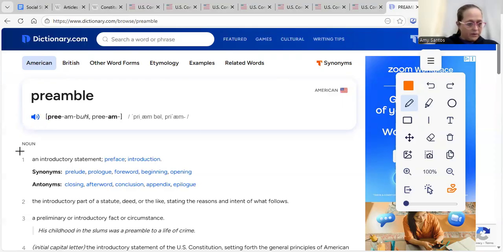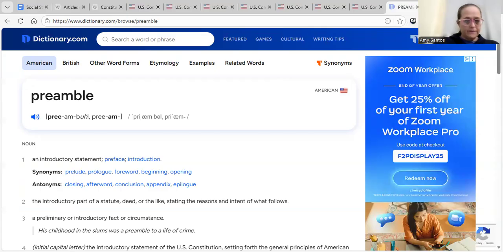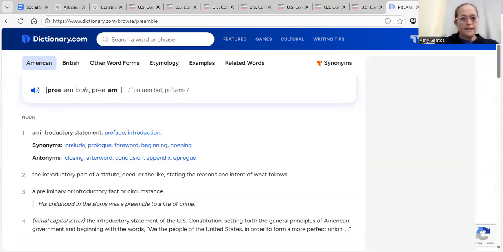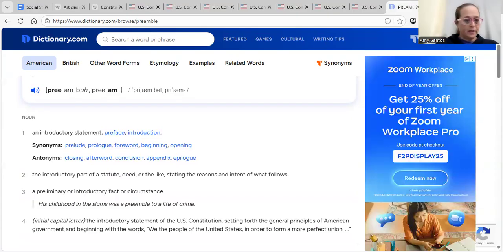And it will give you all of the possible definitions. The first definition it gives is an introductory statement, and that is what a preamble is in this case. That is what they're talking about.